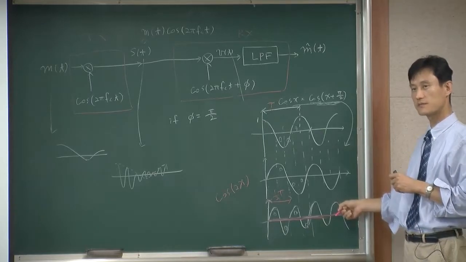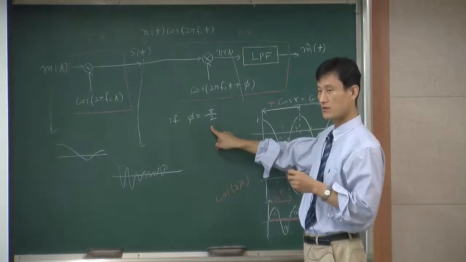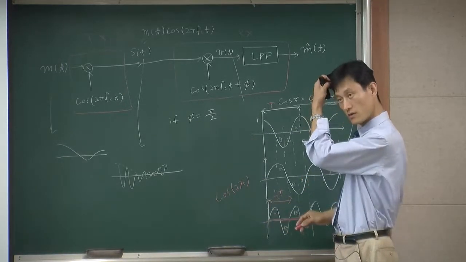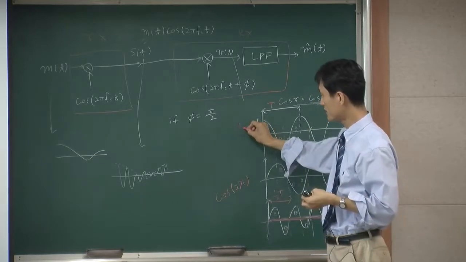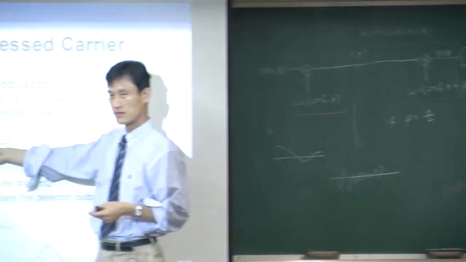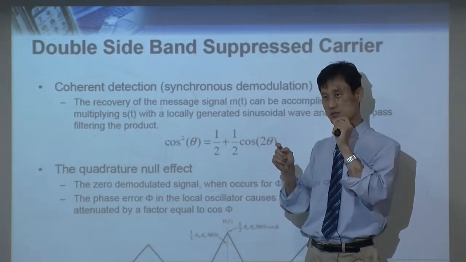That's the difference. In the previous case, when phi equals 0, what was the mean? The middle value was half at that time. This was the case when phi equals 0, when the phase mismatch was 0.